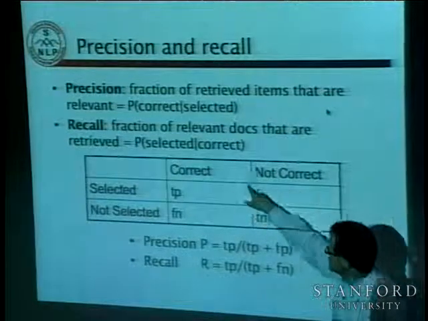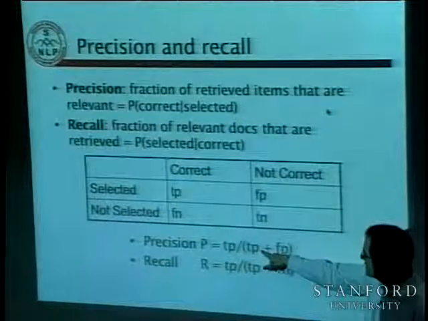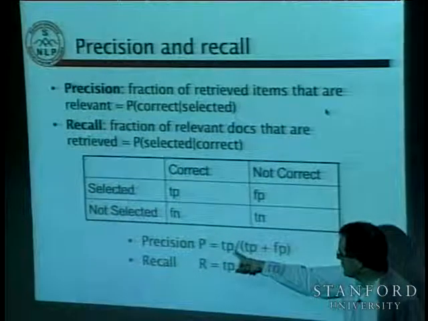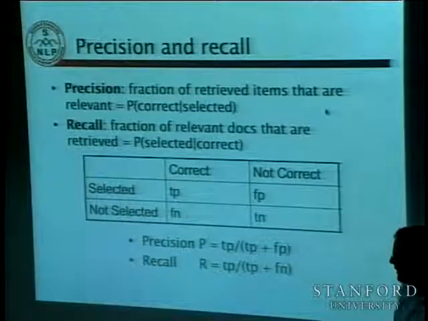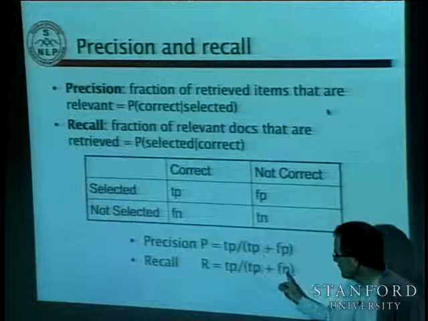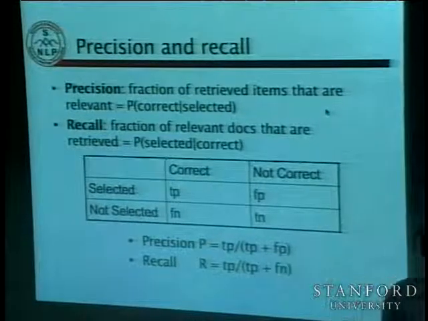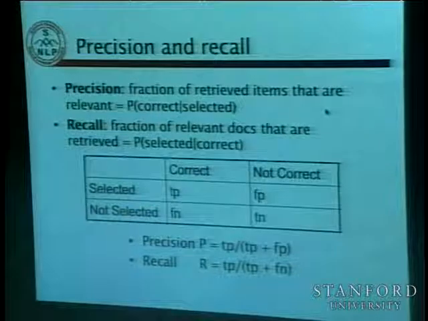We evaluate just based on these 3 cells. And so we work out precision, which is the proportion of the things that you returned which were correct things to return, and recall, which is the percentage of the things that you should have returned that you did return. Do those notions make sense? Can I rush ahead?